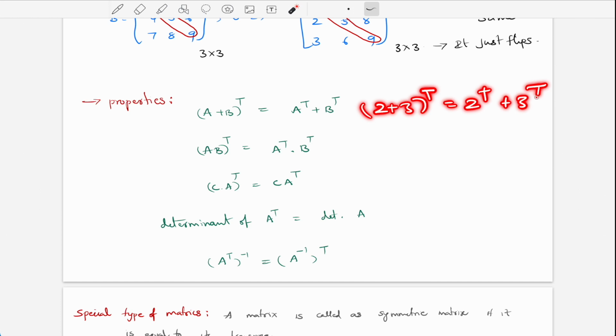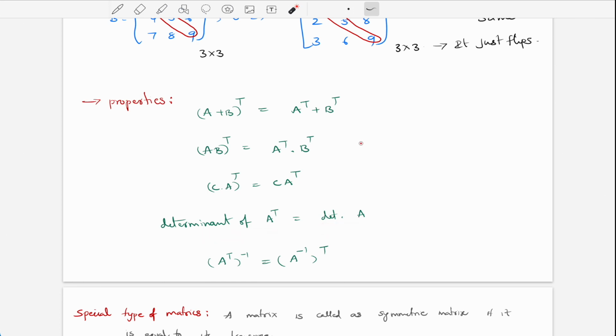I'm just giving a sample example. Then (cA) transpose brings the constant c out, giving c times A transpose. And the determinant of A transpose is equal to the determinant of A.